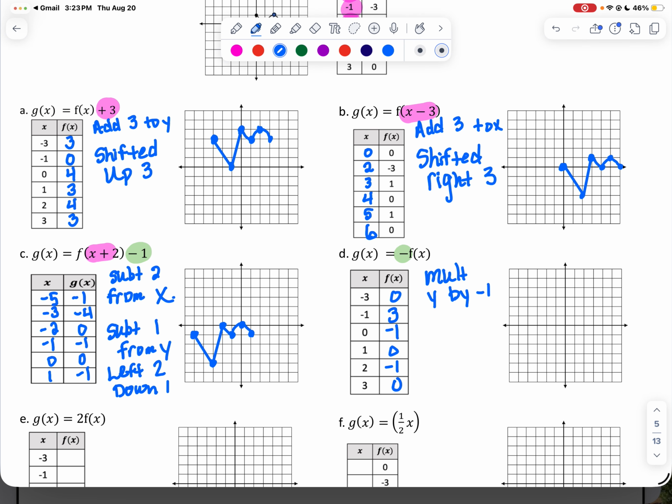All right, let's plot these points. Negative 3, 0. Negative 1, 1, 2, 3. 0, negative 1. 1, 0. 2, negative 1. And 3, 0. All right, now let's plot these.